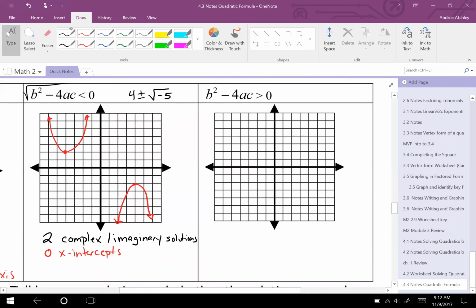Okay, now if the b squared minus 4ac inside that radical is a number greater than 0, what numbers are greater than 0? Positive numbers, right? So if I have like 4 plus or minus the square root of positive 5, what would that tell me about my solutions? Are they real or complex? Real. 2 real roots, which would mean I also have 2 x-intercepts.